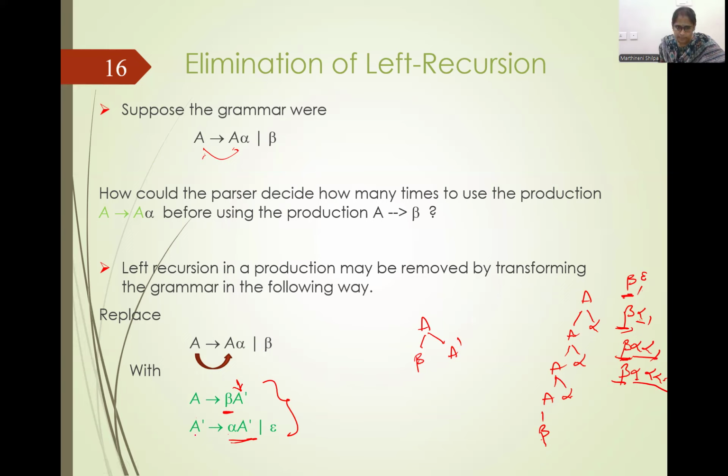That can be derived by using this production. A dash derives epsilon, and A dash derives alpha A dash. These two are the resultant production rules obtained by eliminating the left recursion from the given grammar.